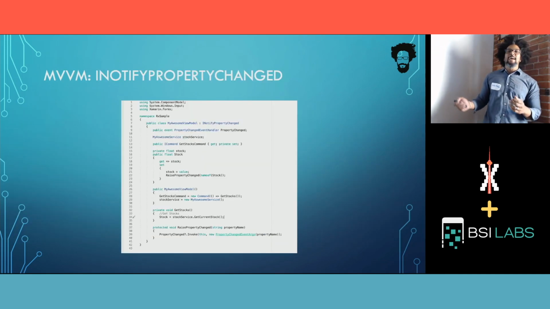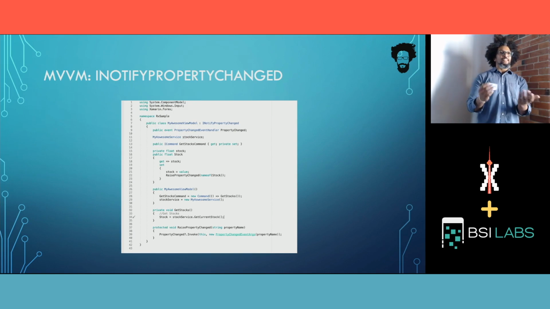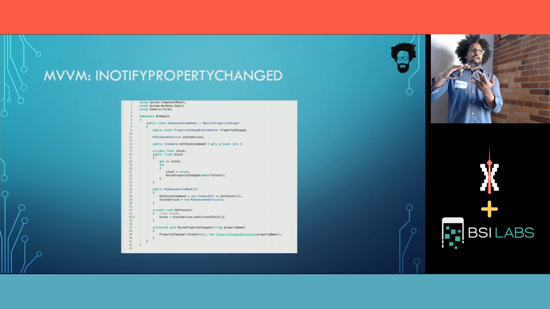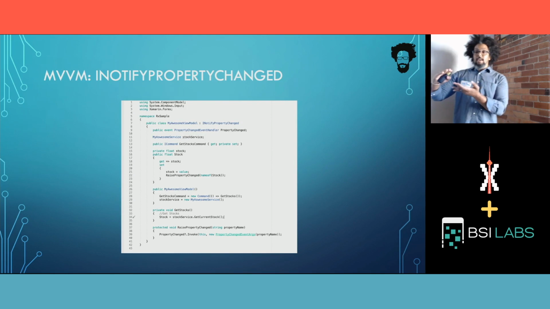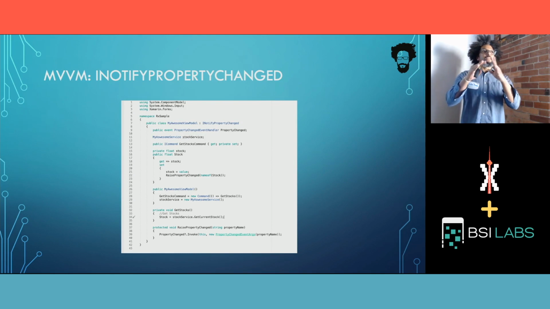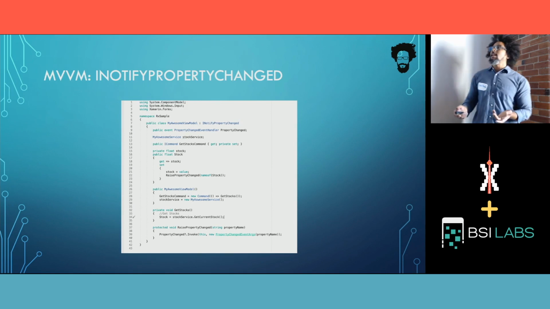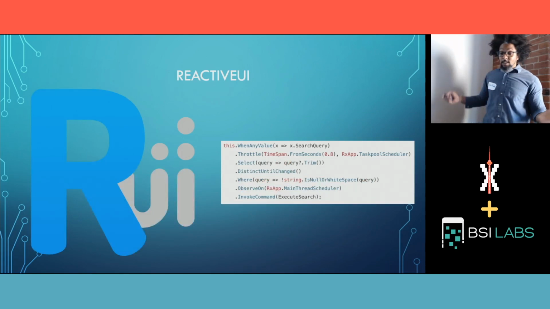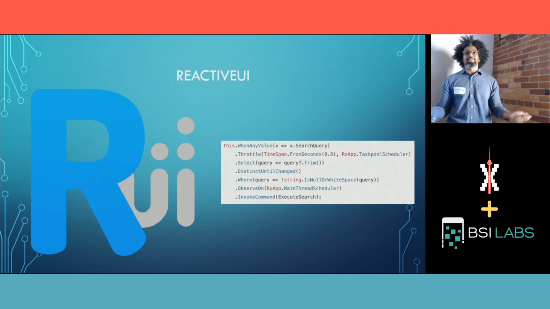Basically, MVVM frameworks give you navigation, IoC (inversion of control), and bindings. Practically, those are the three things that MVVM frameworks will give you, and the ones I mentioned before you get for free. So let's talk about the framework that we came here to talk about, which is ReactiveUI.